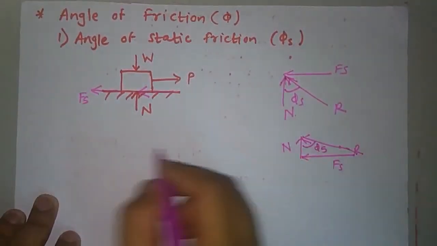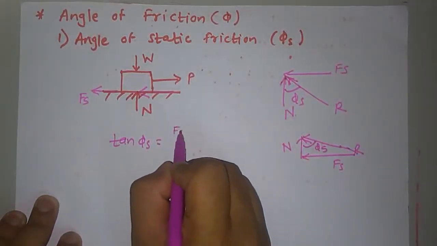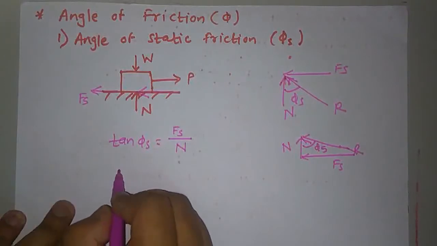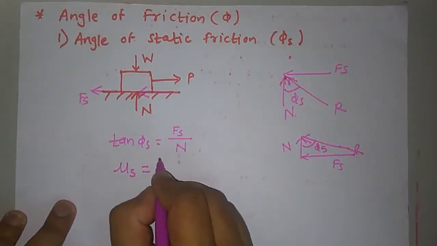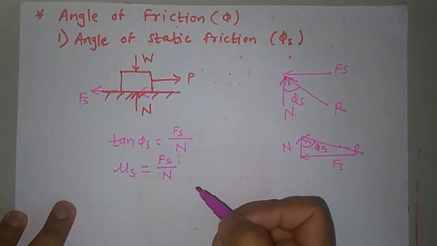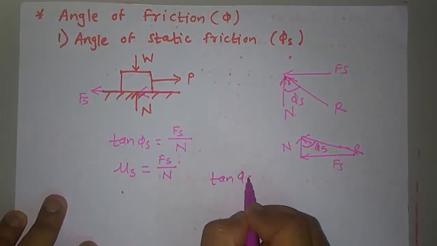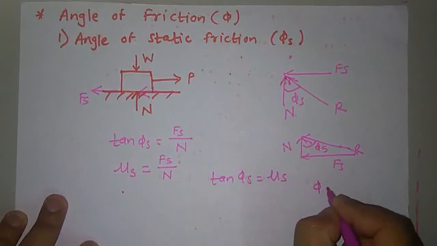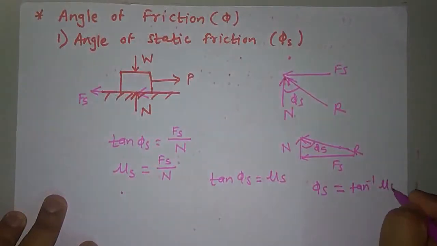By geometry we can see tan phi s, opposite is Fs, that is static friction, divided by the normal reaction N. But we know the coefficient of static friction mu s is equal to Fs, that is static friction, upon N. So finally tan phi s is equal to mu s, and finally angle of static friction is equal to tan inverse mu s.